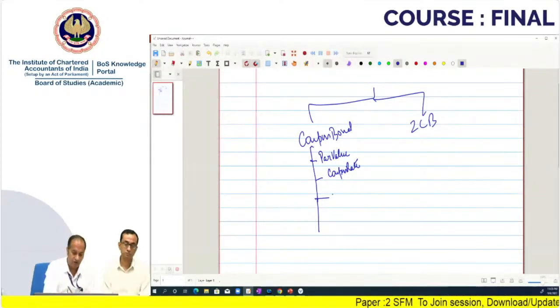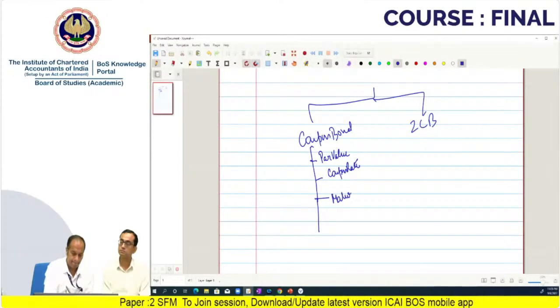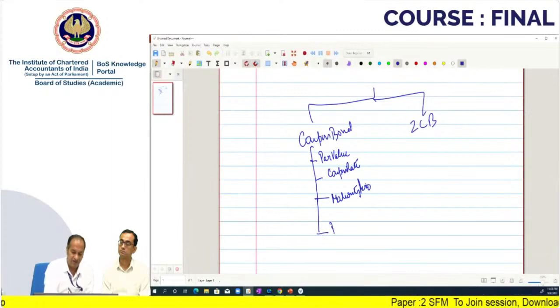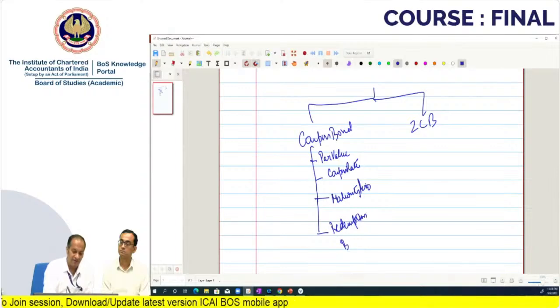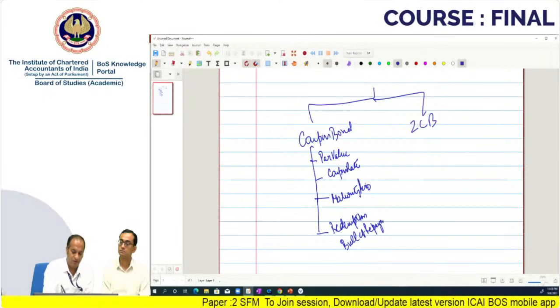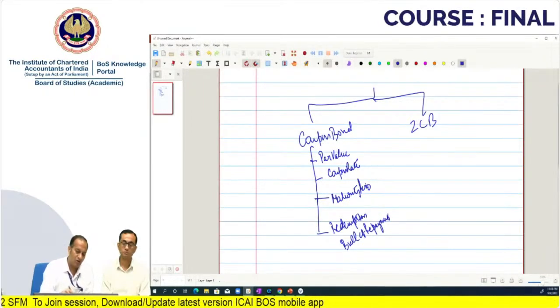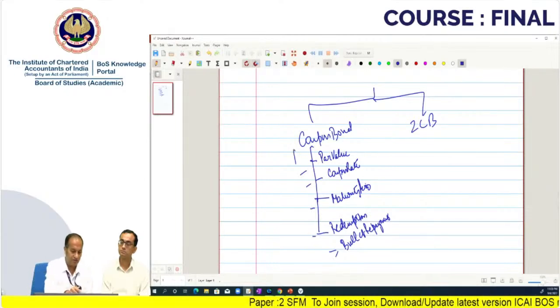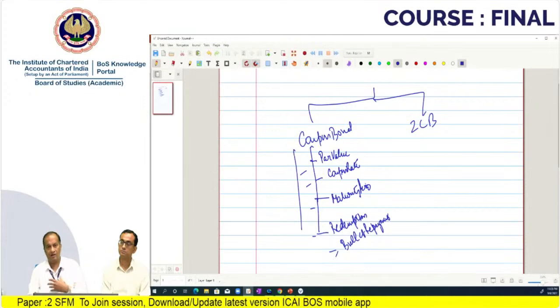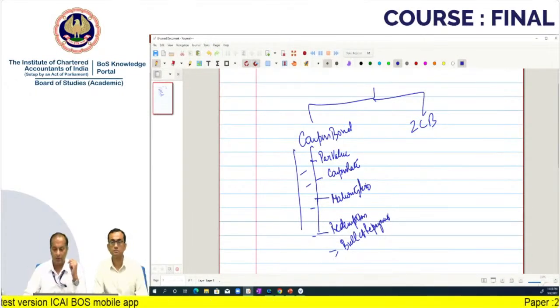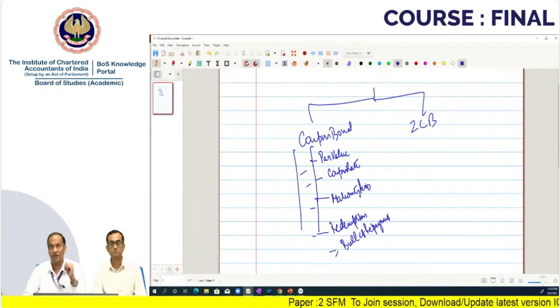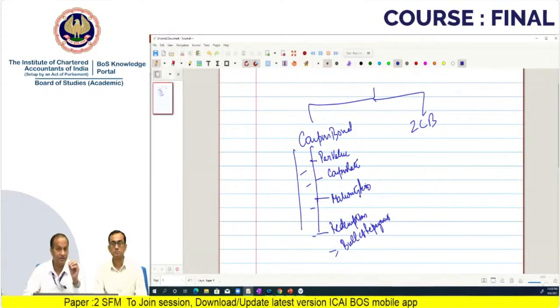Then there is the maturity period. Last is redemption on maturity, which is kind of a bullet repayment. Of course, there can be another option where some part is repaid during the tenure of the bond, but most questions involve bullet repayment.